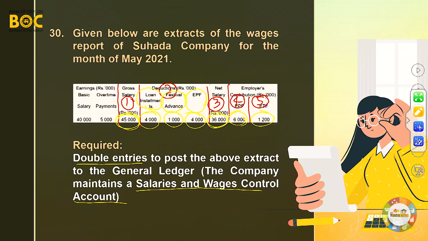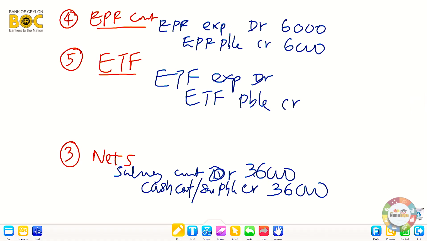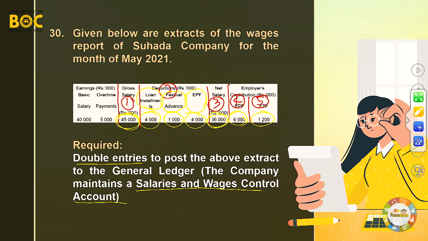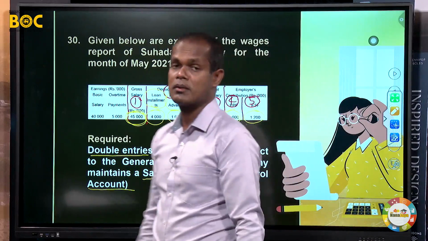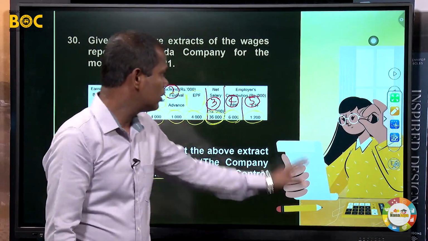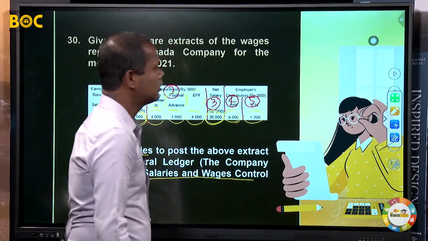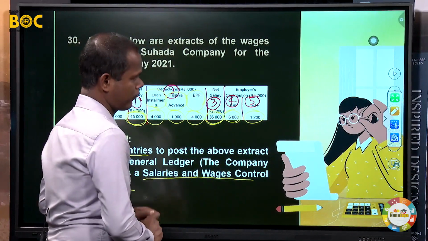How much is the amount? 1,200 rupees. Those are the entries. First entry goes salary, second entry deductions, third entry net salary payment or payable, and EPF and ETF contributions, last entries.